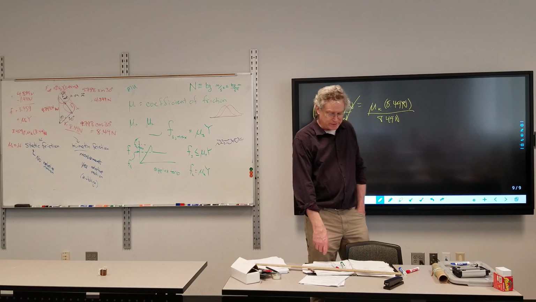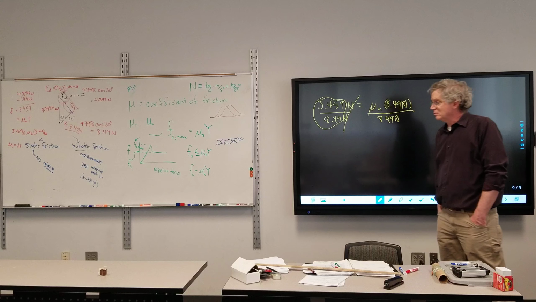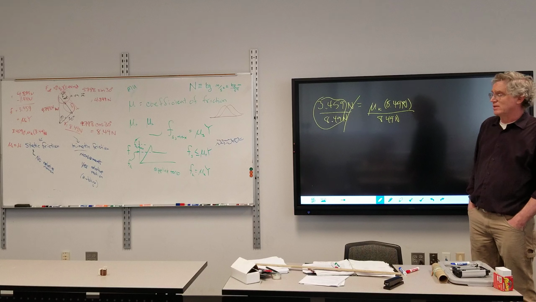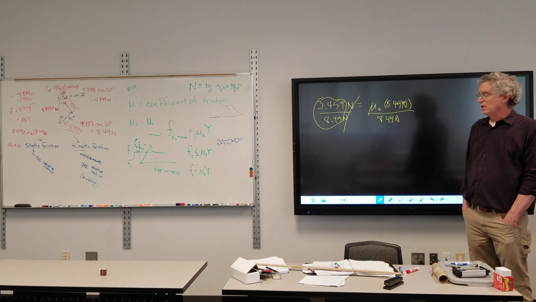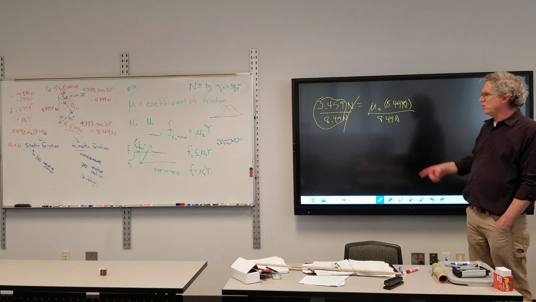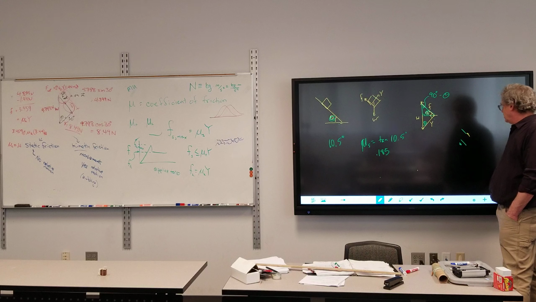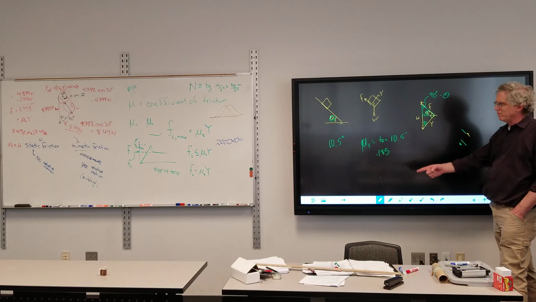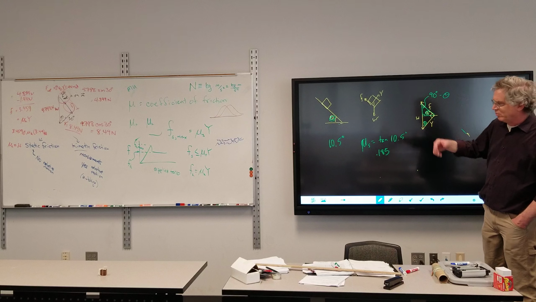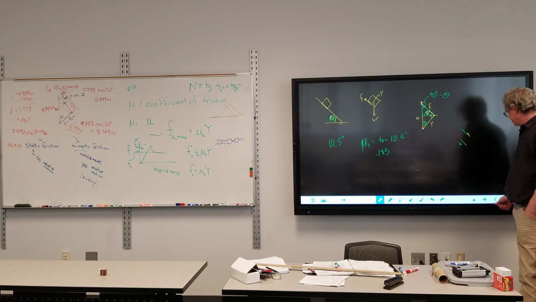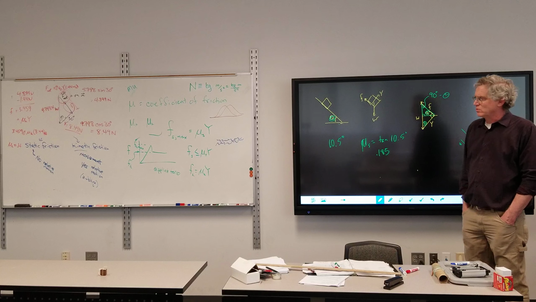However, it does not make sense if it were. Because for mu sub s we had 0.185, for mu sub k we have somewhere around 0.4. I haven't figured out why those experiments never quite work.